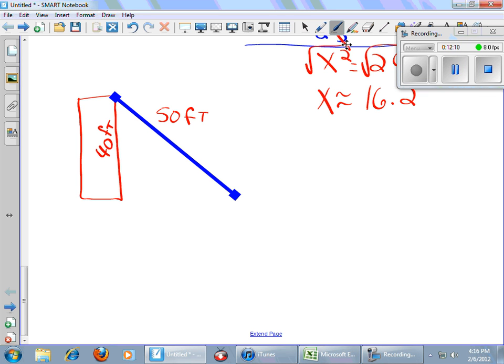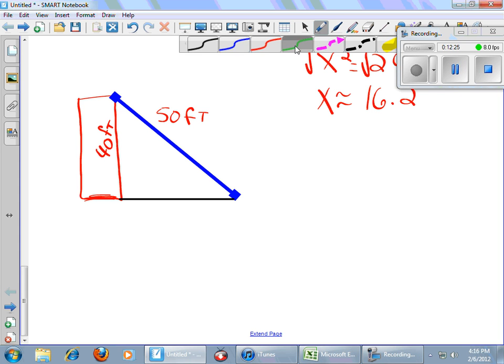Well, how far from the base of the building, the bottom here, do I need to secure the pole? In other words, that little black segment, how long is that little black segment? I want to figure out where I need to put the base of the pole so that when I lean it against the building, it's hitting the very top.